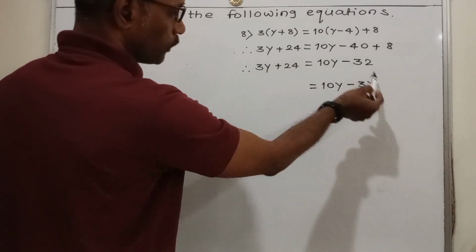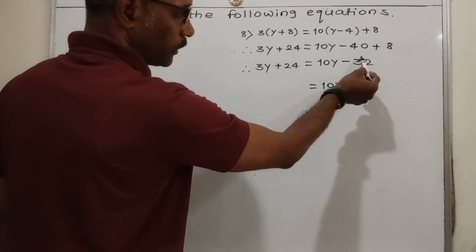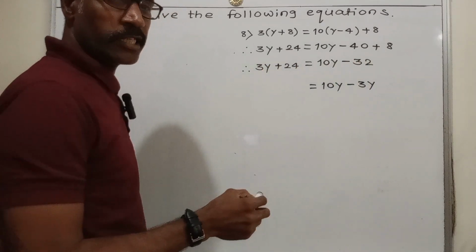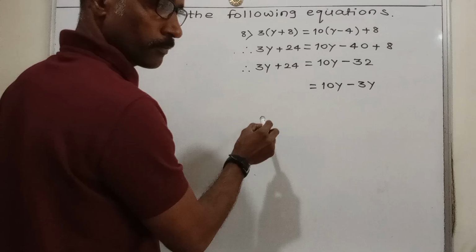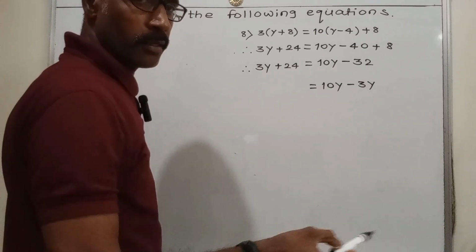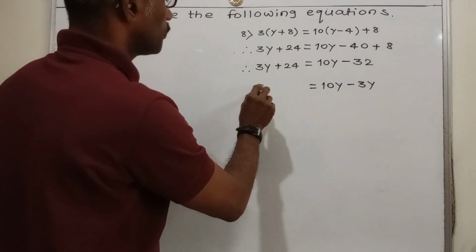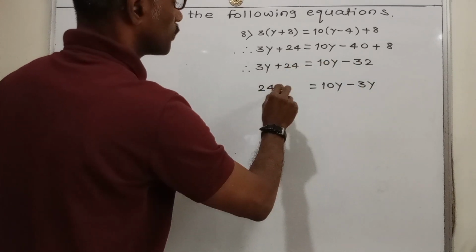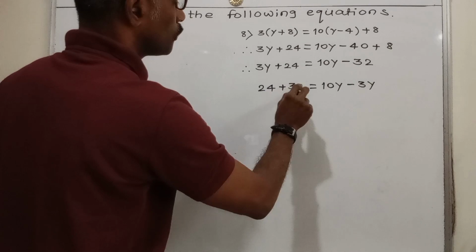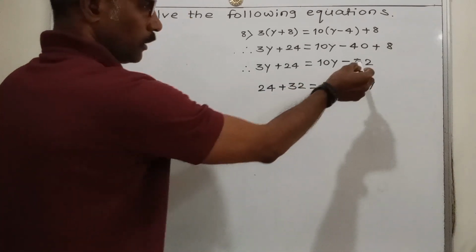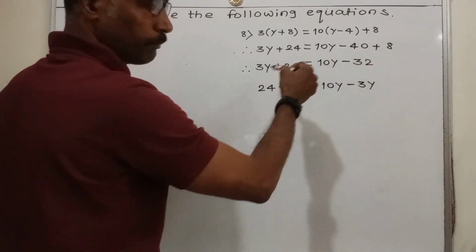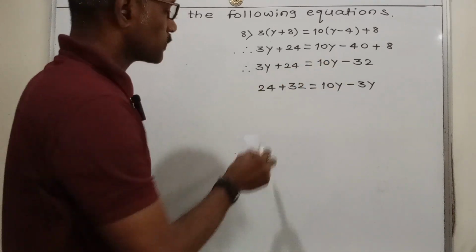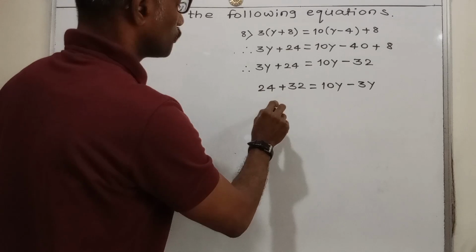We take this 3y to the right, and this minus 32 and 24 are like terms. Then what is next? 24, we bring this to the left. Minus 32, we bring to the left. Minus becomes plus. Now addition of these two.